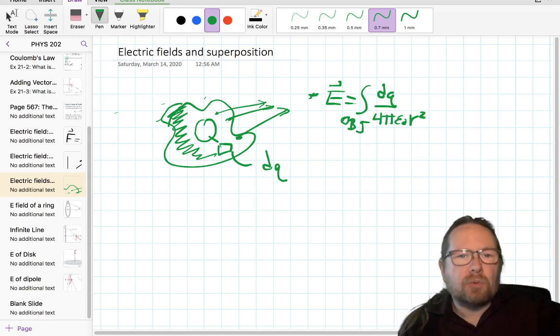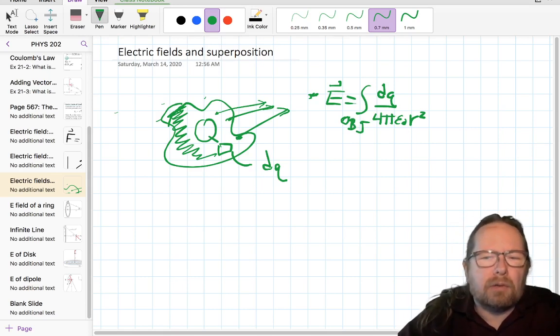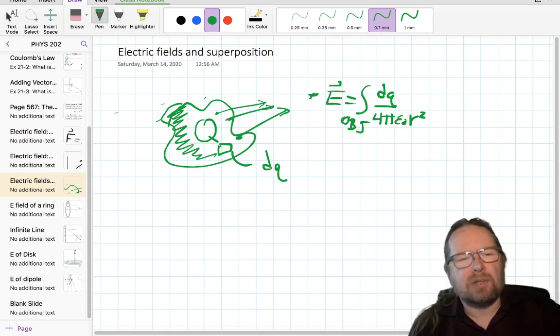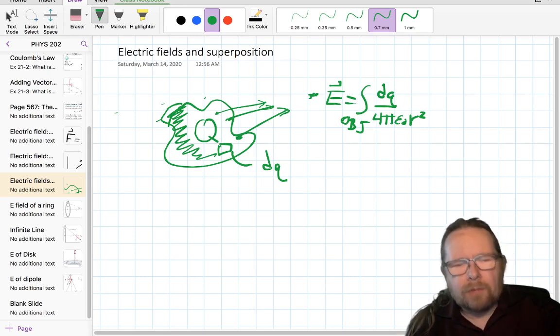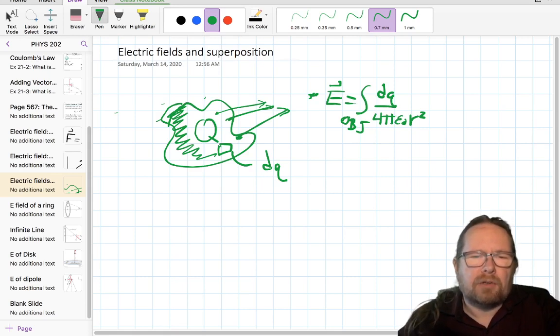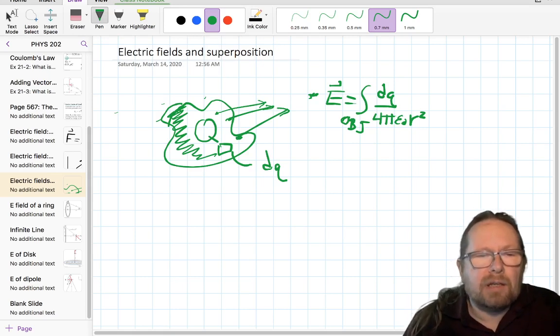In the next few problems we'll be looking at the electric field of extended objects, objects like lines and disks and loops of charge, and we're going to look at various ways to integrate over the electric field of the individual pieces of that charged element and add them up to find the total electric field. This procedure would theoretically work for any electric field of any object of arbitrary shape.